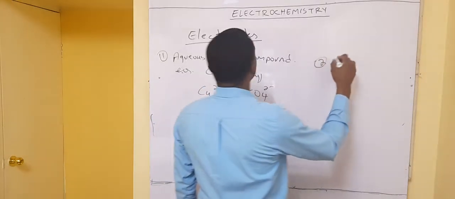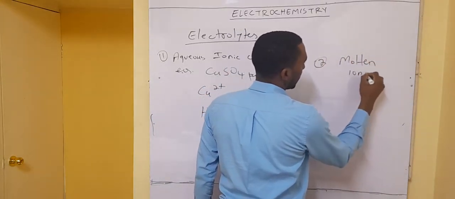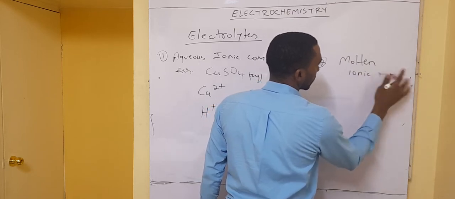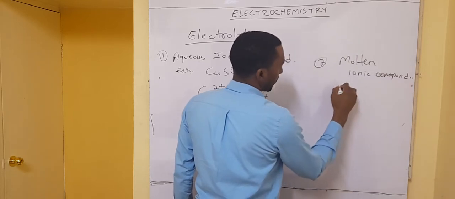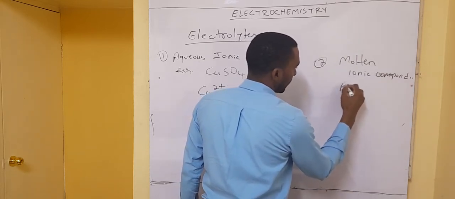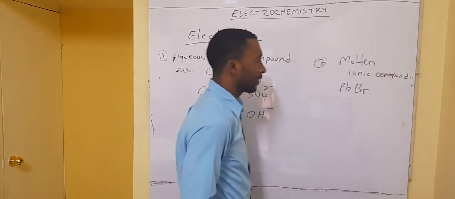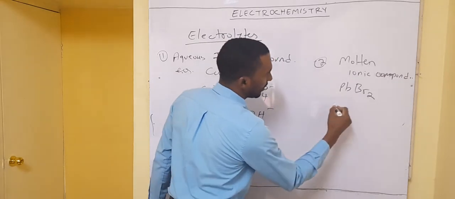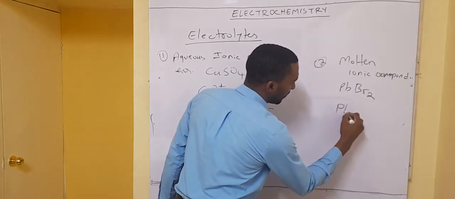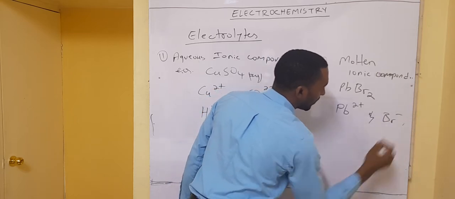Alright, so 2, molten ionic compound. Right? For example, lead bromide. So this would only have Pb2 plus ions and Br minus ions.